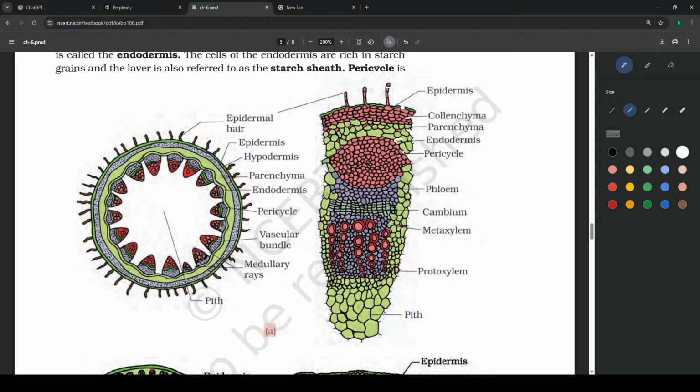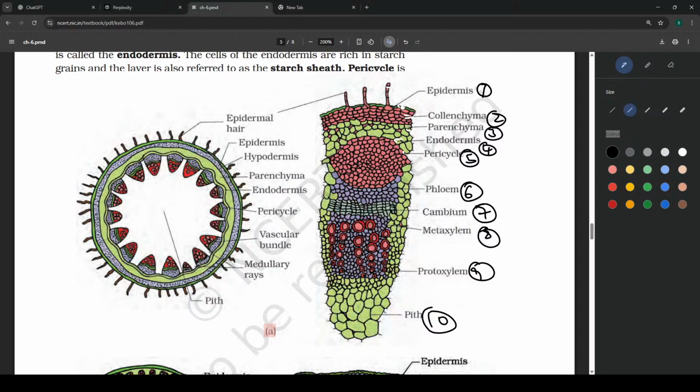Here the first is epidermis, second is collenchyma, third is parenchyma, fourth is endodermis, fifth is pericycle, sixth is phloem, seventh is cambium for open vascular bundles, that is in dicots, and 8 metaxylem, 9 protoxylem, and 10 pith. A total of 10 parts.